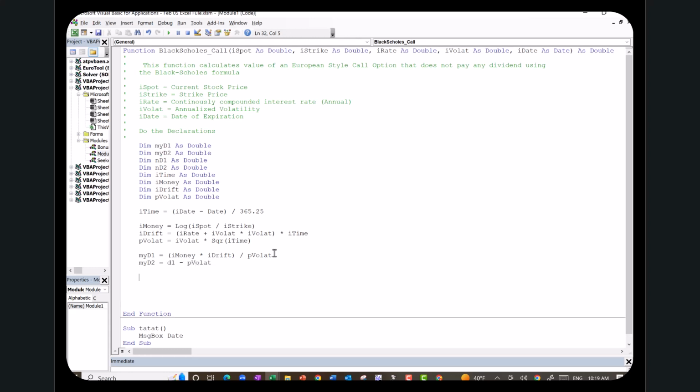I need to calculate ND1. VBA does not have a built-in function to calculate the cumulative distribution of the normal, but we can always refer to the Excel function. And you do that by saying Application.WorksheetFunction.NormSDist, then the argument my D1.